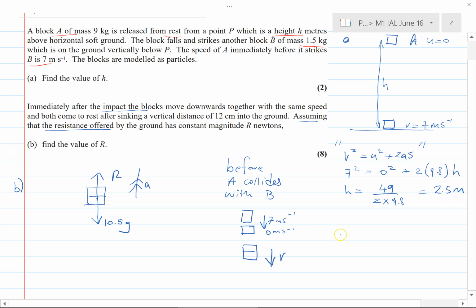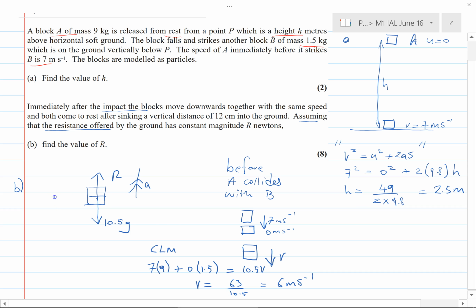So if we apply conservation of linear momentum again, we can say 7 times the mass of that block, which is 9, plus 0 times the mass of the block, which is 1.5, will be equal to the combined mass, which is 10.5 V. So V equals, working that out, 63 over 10.5, which is equal to 6 meters per second.